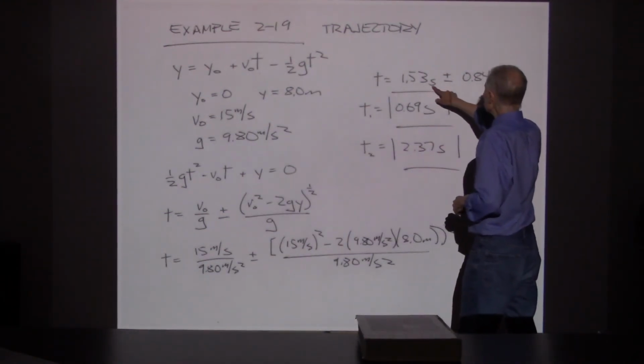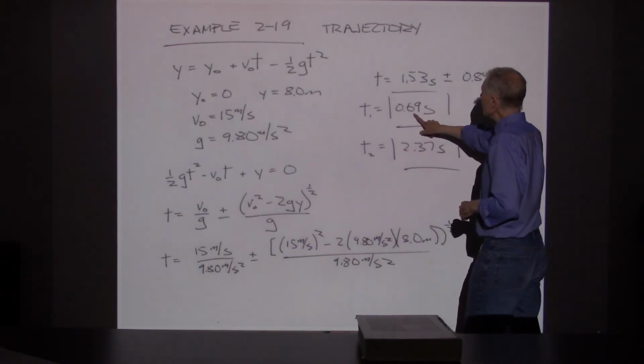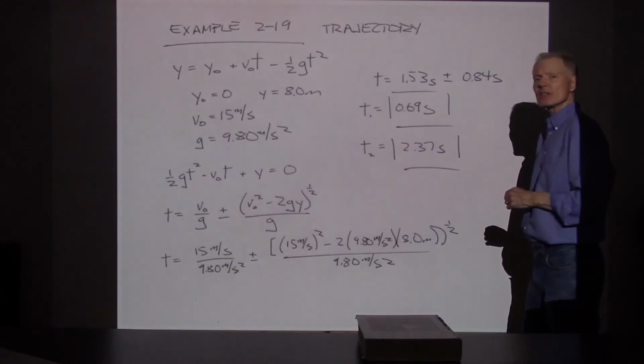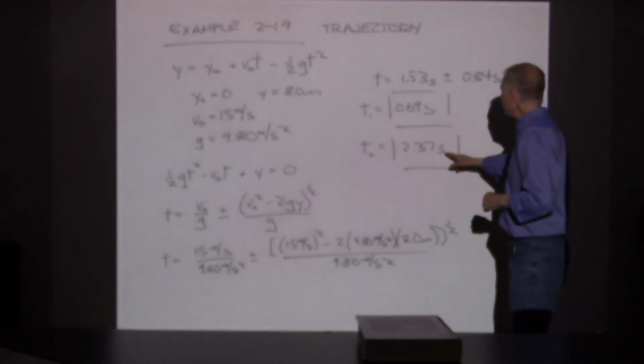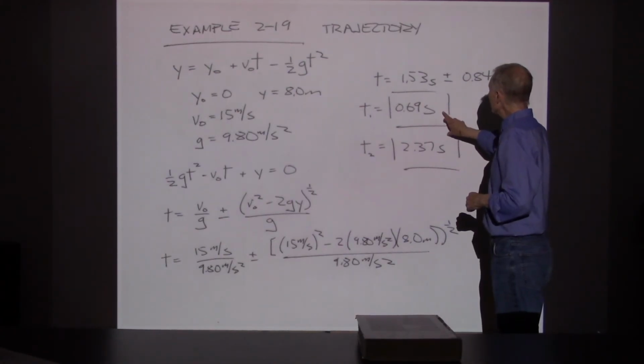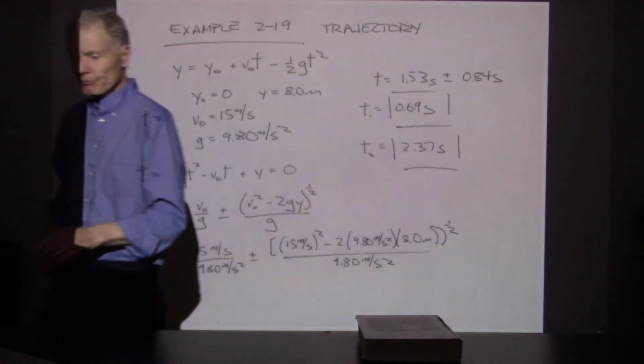But this is 1.53 plus or minus 0.84. That says on the way up, it crosses the 8-meter mark at 0.69 seconds. On the way down, it crosses at 2.37, and those two times are evenly spaced around 1.53. All right.